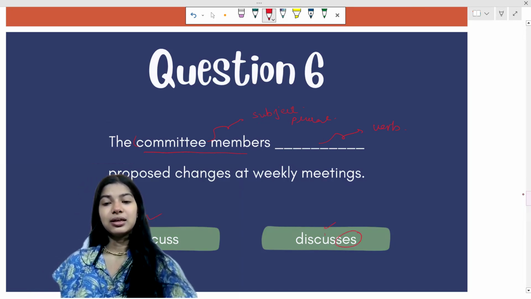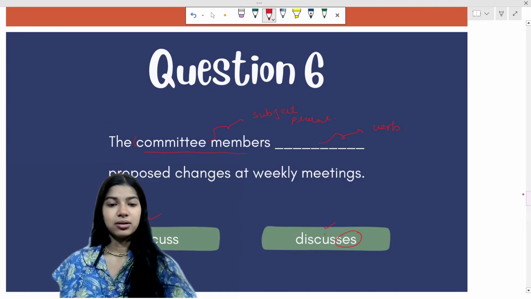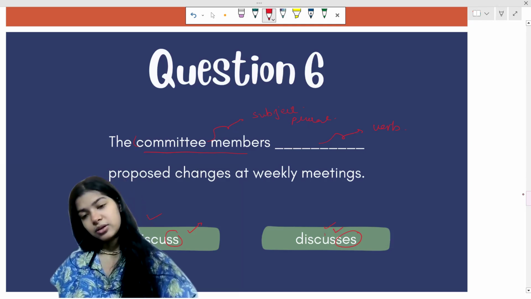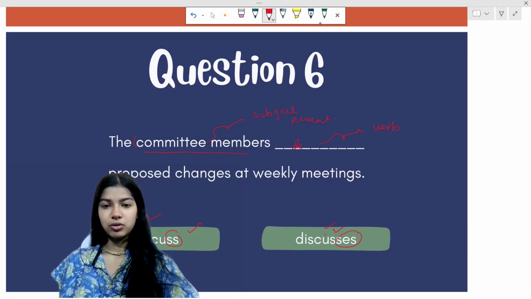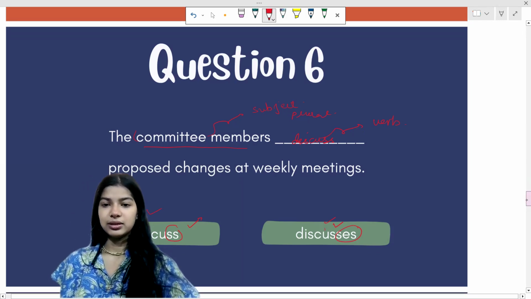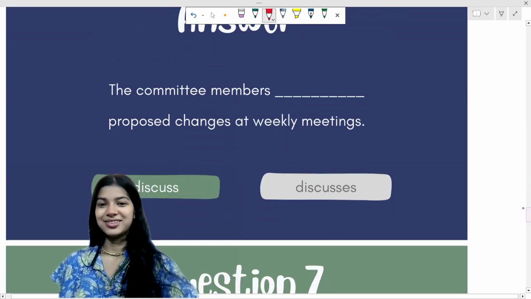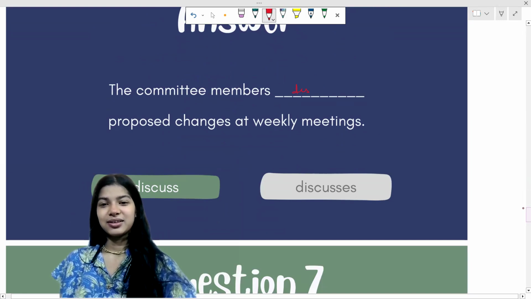Discusses contains S, so it is the singular verb. So we have to put discuss over here, the plural form of verb. Let's check our answer. Discuss. Okay. So if you're correct, please mark your score as 6 out of 8.